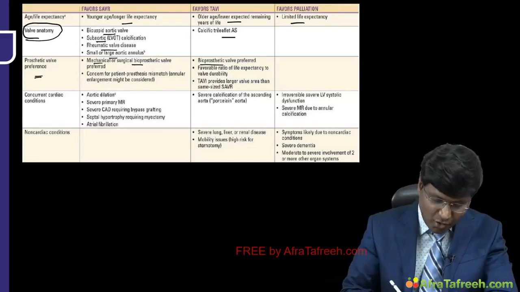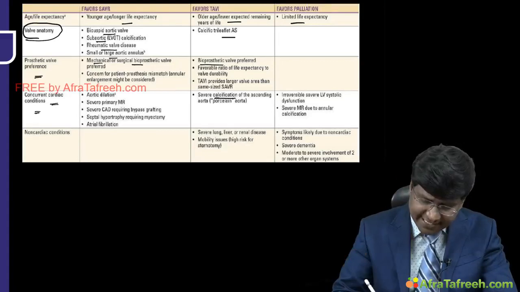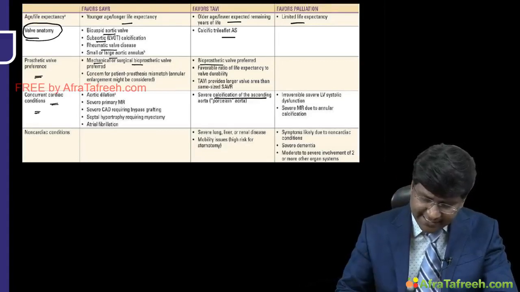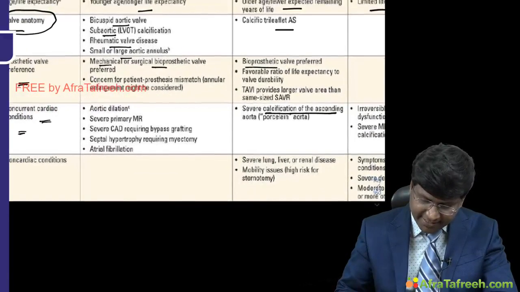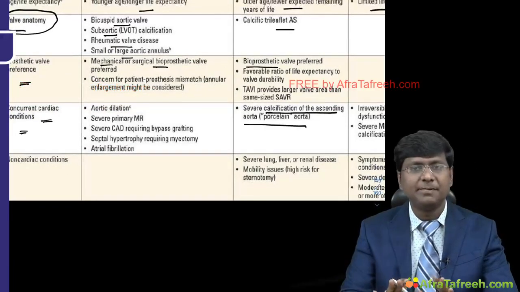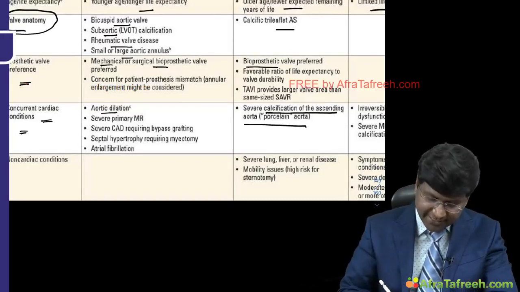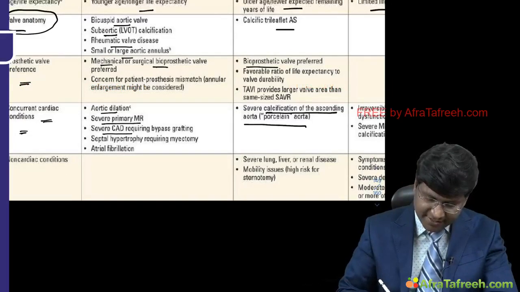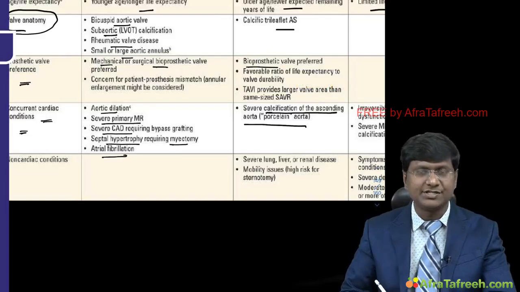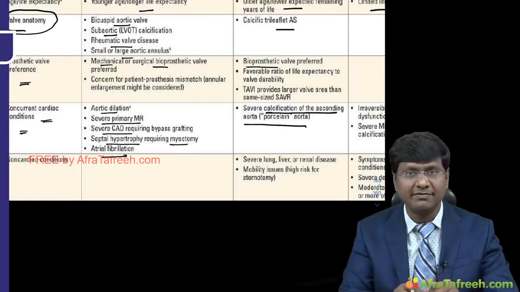Then concurrent cardiac conditions, like if there is severe calcification of the ascending aorta, preferable to go ahead with TAVI. Whereas if there is aortic root dilatation, severe primary MR, severe coronary artery disease, septal hypertrophy requiring myomectomy, or atrial fibrillation, in such cases better to go ahead with surgical aortic valve replacement.